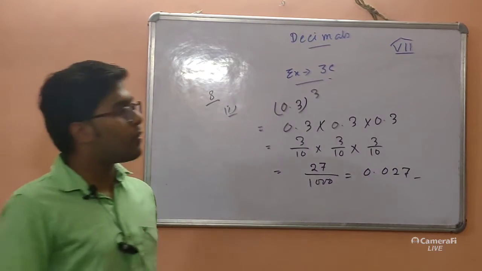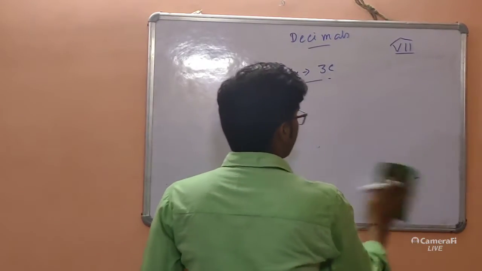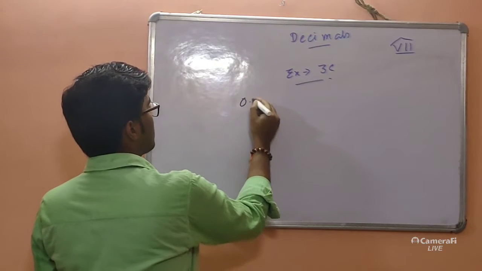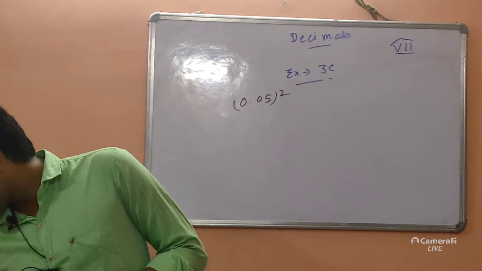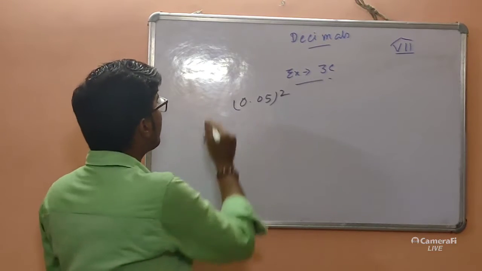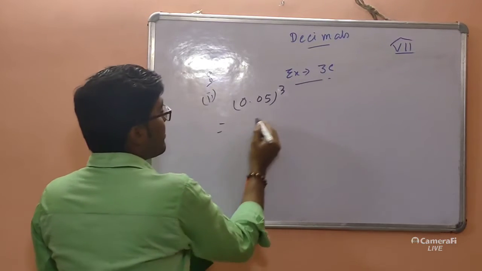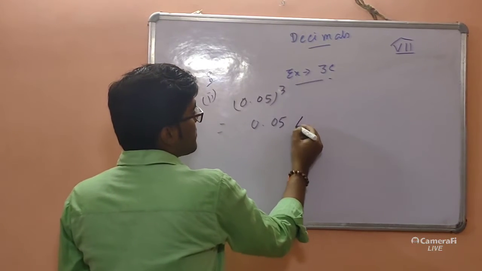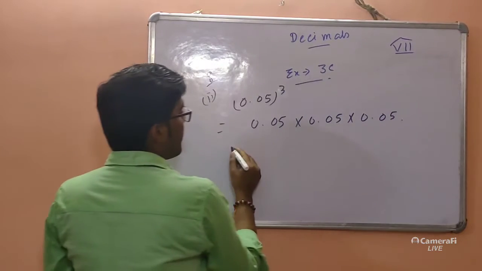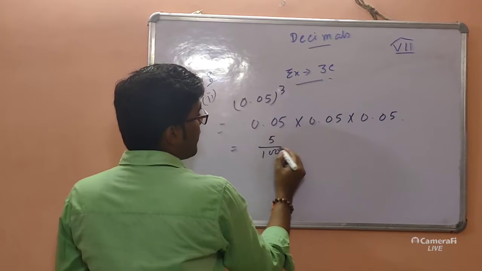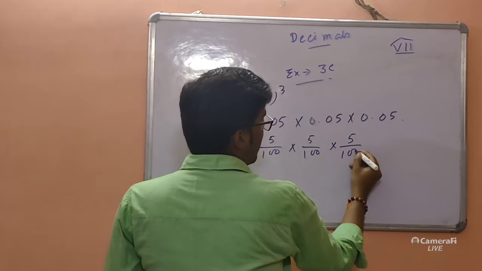Next one is 0.05 whole cube. Here it is whole cube, right? So again we will multiply this 3 times. That means 5 by 100, 5 by 100, 5 by 100.